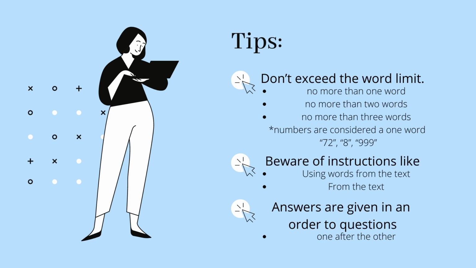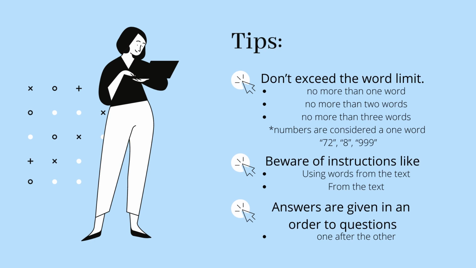Remember that numbers written numerically, such as 72, are counted as one word, and hyphenated words such as state-of-the-art are also counted as one word.